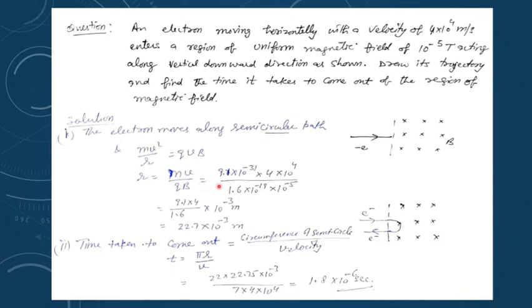And when you have to put the values for m, mass of the electron is 9.1 into 10 to minus 31 kg, V is given 4 into 10 to power 4, Q charge on the electron is 1.6 into 10 to minus 19, and B is also given in the question 10 raised to the power minus 5 Tesla.